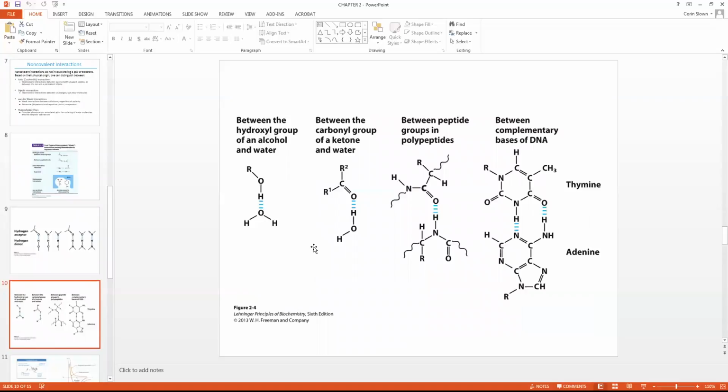And then you can actually see where these occur. So whether that's between the hydroxyl group of an alcohol and water or between the carbonyl group of a ketone and water, there's a variety of examples that we can see for hydrogen bonds.